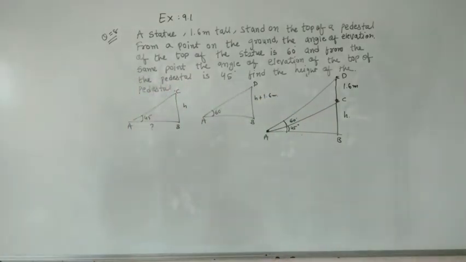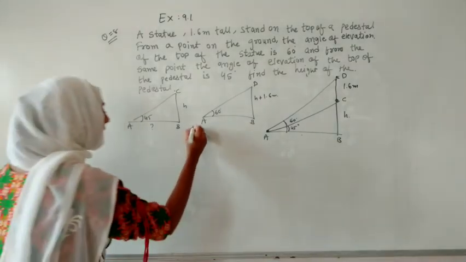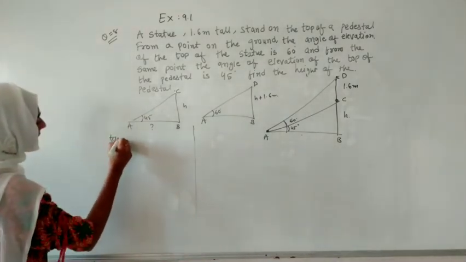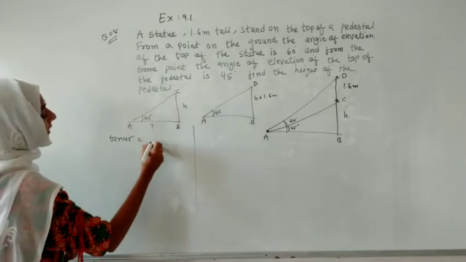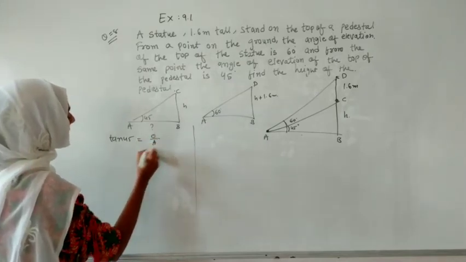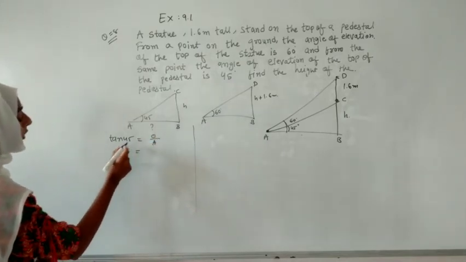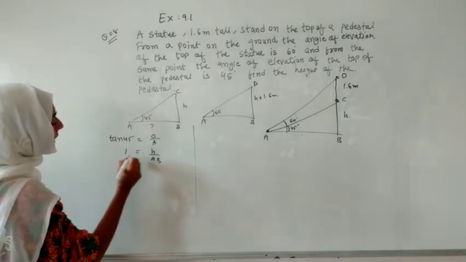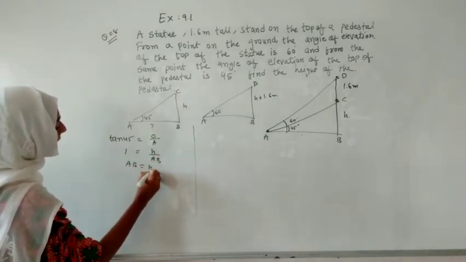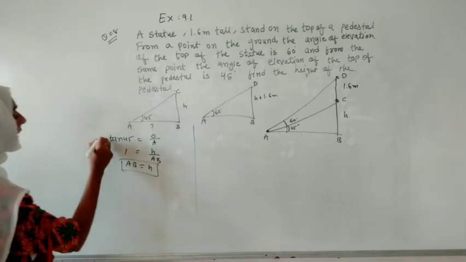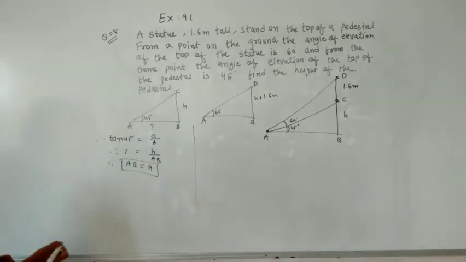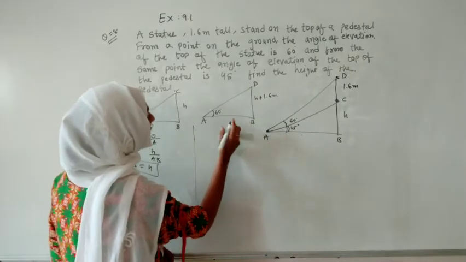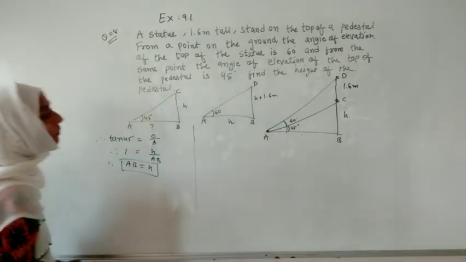Okay, so let us apply all the rules which we know. It is tan 45. Tan theta is opposite upon adjacent. Tan 45's value will be 1. Opposite is H and adjacent is AB. So here AB again we got as H only. If it is in meter, later on we will write it. So for the second figure, we will take this one as H.